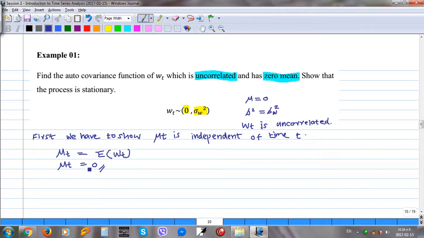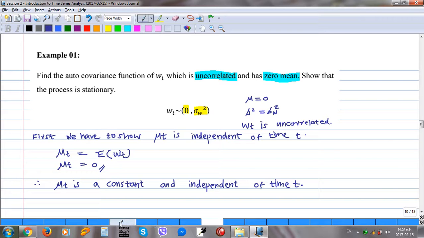Then the mean of this process equals 0. That does not include terms in t, it means that it is independent of time t. Therefore we can write mu t is a constant. 0 means that it is constant and independent of time t, right. Now the first property is correct.